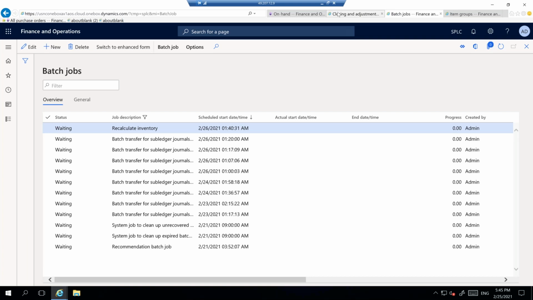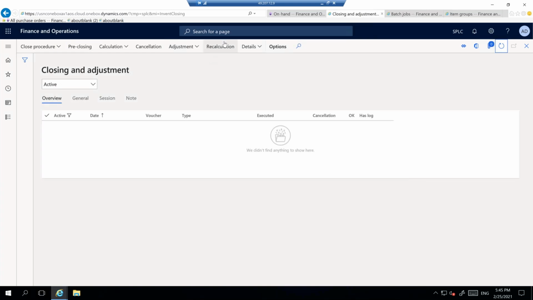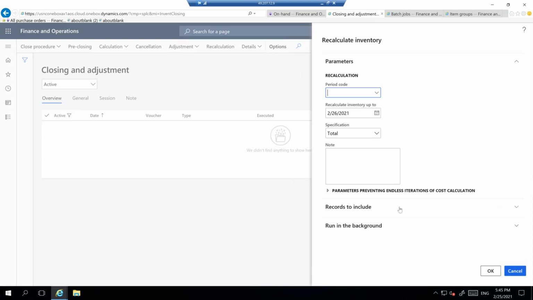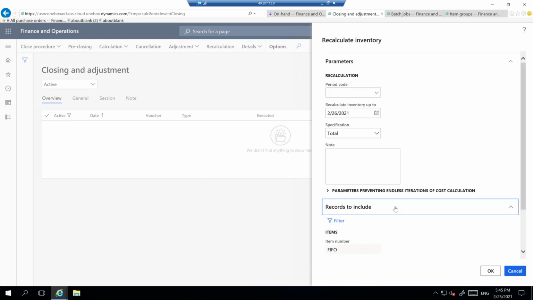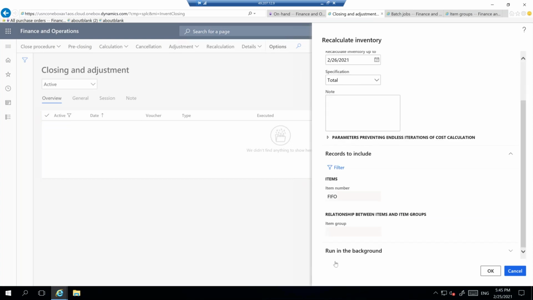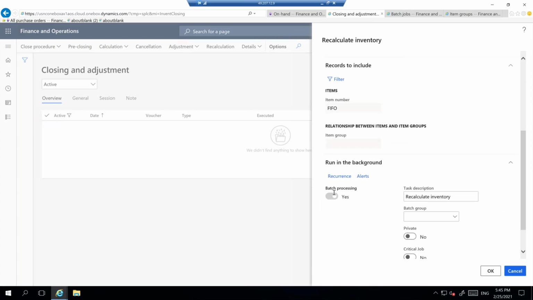Otherwise, I will execute one more time. Before that, let me verify whether it is possible in batch job. Without batch job, no. I need to verify.